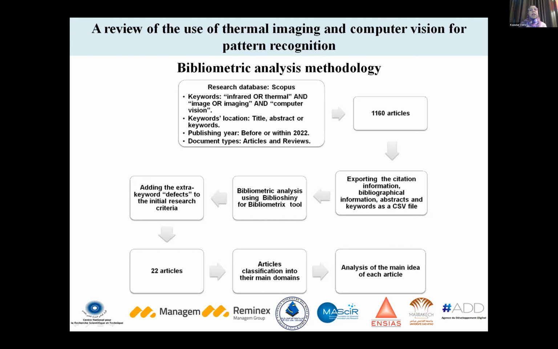Then we fixed the location of the keywords. So we want these keywords to be either in the title, the abstract, or the keywords of the article. Then the publishing year was before or within 2022, because we established this study in 2022. And the document types are articles and reviews, so only journal articles and reviews.